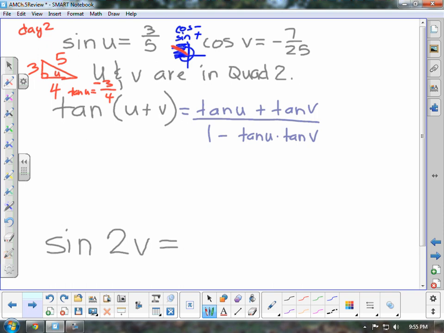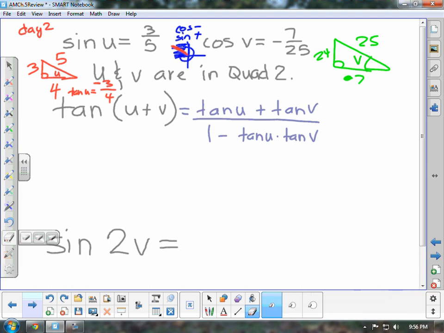Looking at our other triangle, that's v, and this is a negative 7. Well, it's just 7, and this is 25 in the triangle, and if you take 25 squared minus 7 squared, you get 24 squared, and the square root of that is 24. It's one of those triangles you should know.